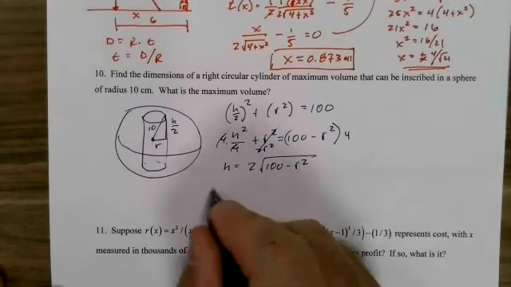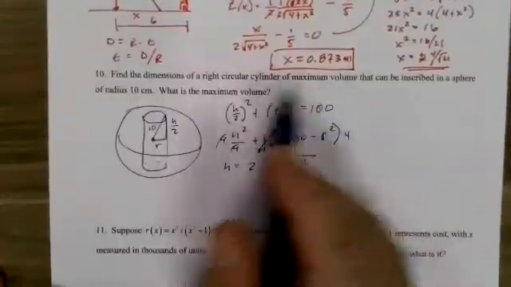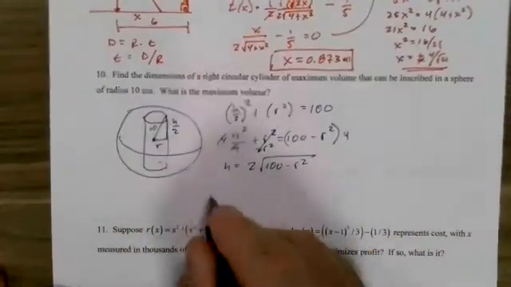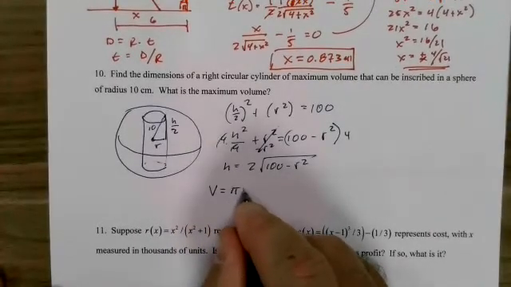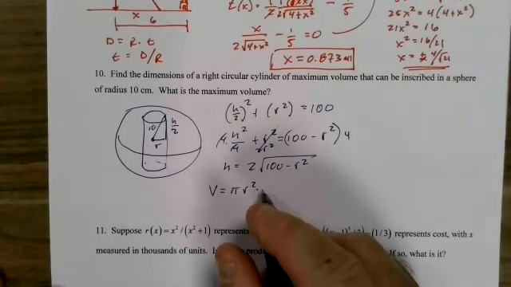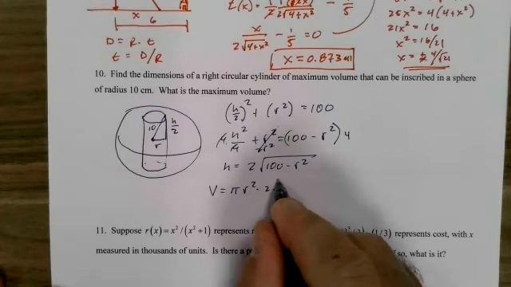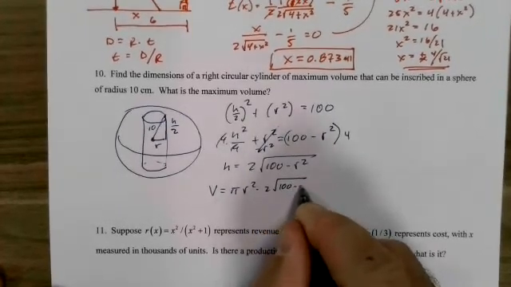Whatever. The volume of the right cylinder is pi r squared times h, which is 2 square root of 100 minus r squared.